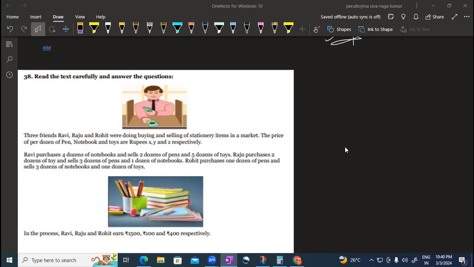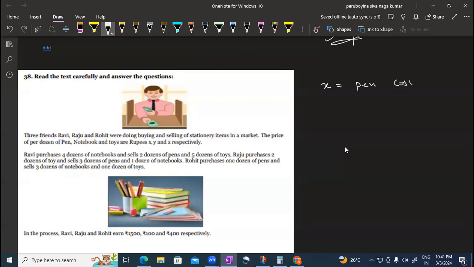Question number 38. Read the text carefully and answer the questions. Three friends, Ravi, Razu, and Rohit, were buying and selling stationery items in the market. The price per dozen of pens, notebooks, and toys in rupees is X, Y, Z. So they are representing dozen pens: X is equal to what?